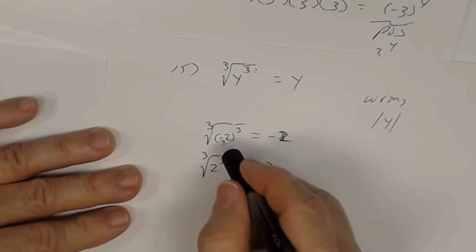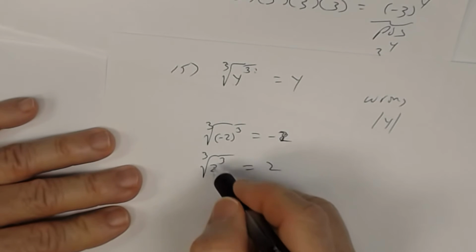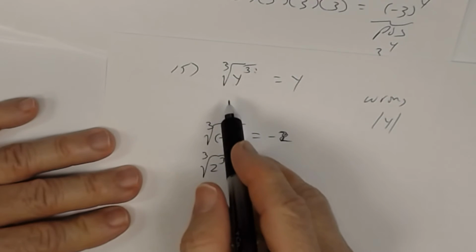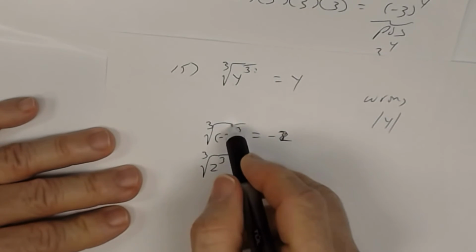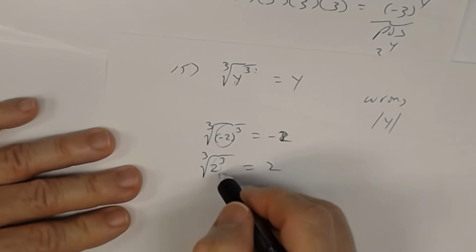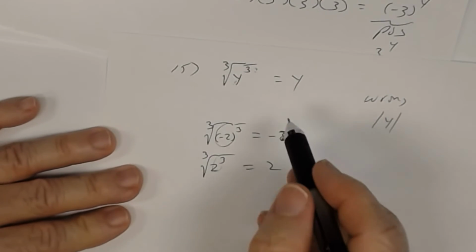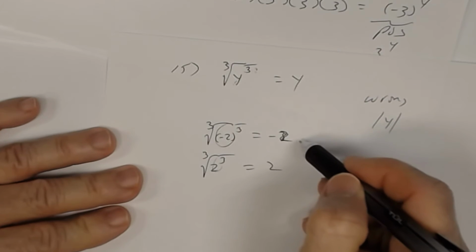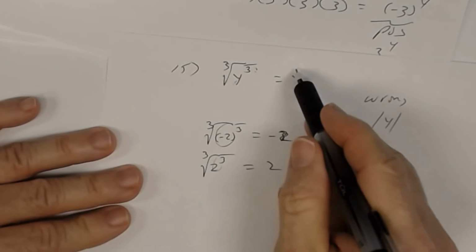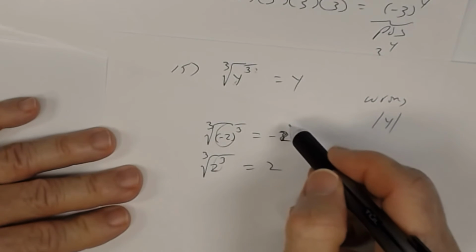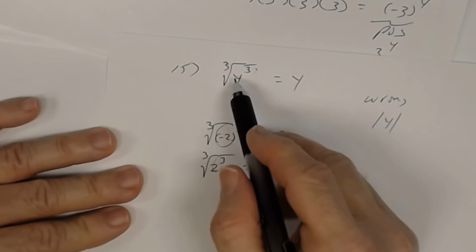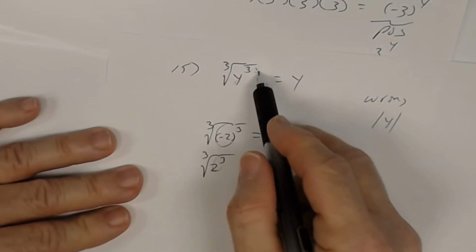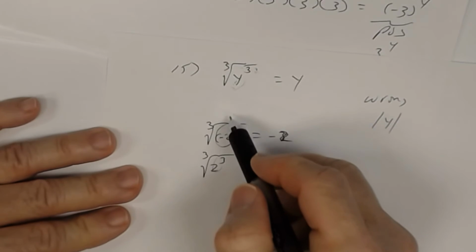Because this is negative 8. The cube root of negative 8 is negative 2. This is 8. The cube root of 8 is 2. So for an odd index, it's just your base, whatever y is. So it's just y. So if you put absolute value here, you're saying the answer is the absolute value of negative 2, which is 2, and that's not correct. The answer is negative. So if you put the absolute value here, that means you're making it positive. All right. So if the index and the exponent are the same and it's odd, it's just your base.